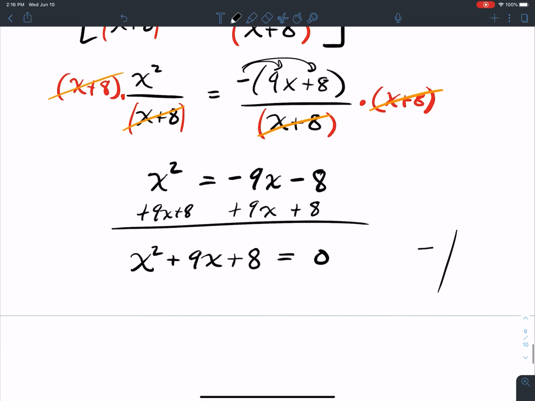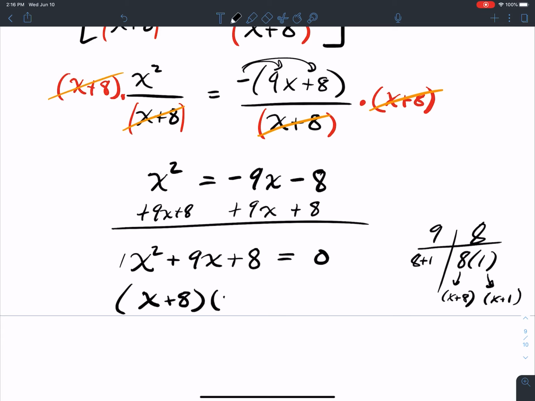And now I'll have an AC method with a equal to 1, so this could be a trick one. So multiply to 8 and add to 9, so that's what I want. This gets me an x plus 8, and this gets me an x plus 1. So this is x plus 8 times x plus 1 equal to 0.